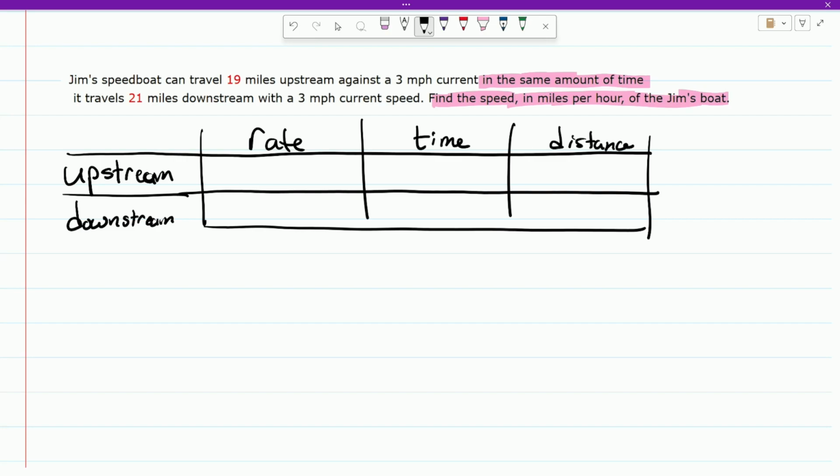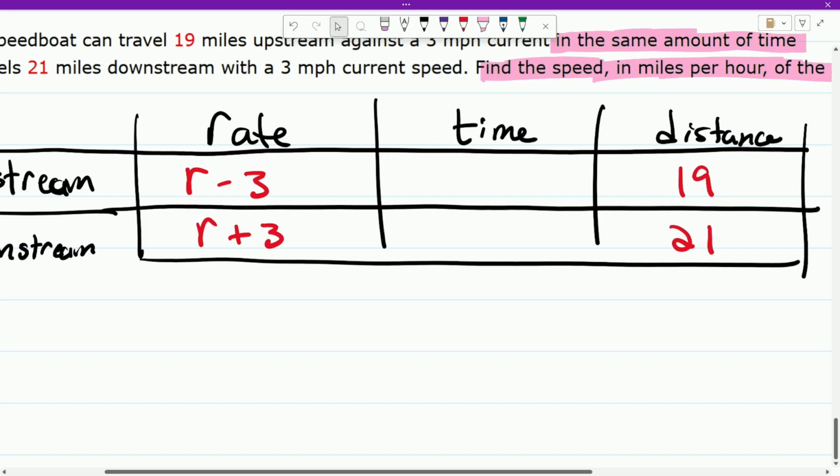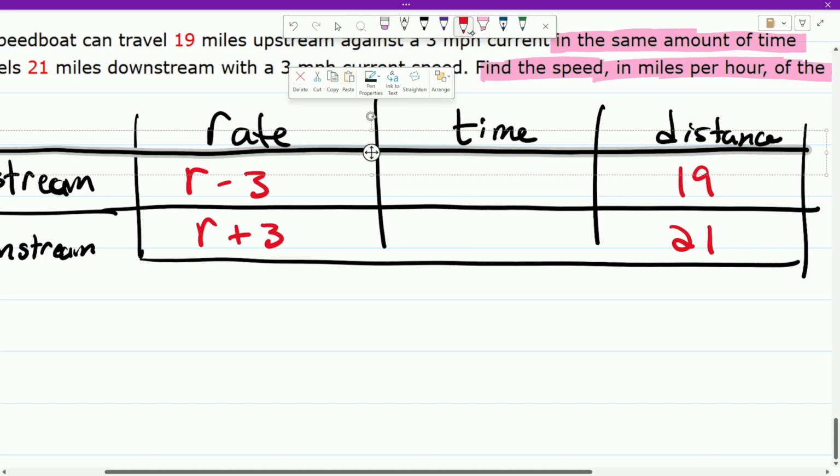And we know Jim's boat can travel 19 miles upstream against a 3 mile per hour current. So that's going to be R minus 3. And then it can travel 21 miles downstream with a 3 mile per hour current. So same exact problem. We know time will equal distance over rate. So I'm going to zoom in so I have more space to write this. In fact, I'm going to shrink my pen down a little bit here.